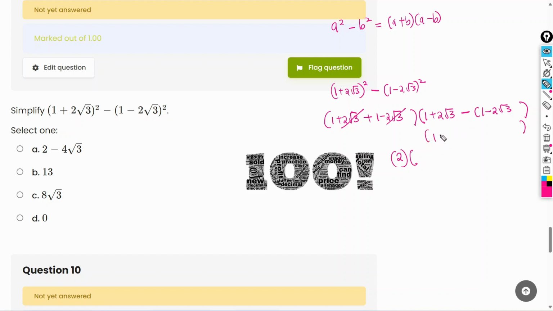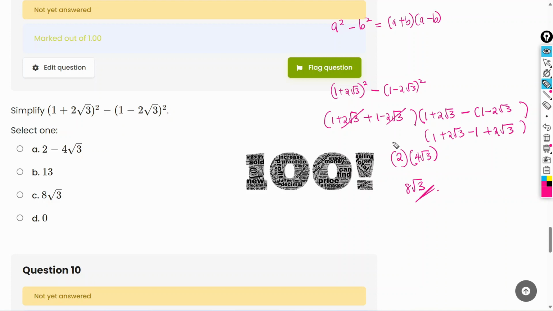This will be 1 plus 2 root 3 minus 1 minus 2 root 3, yes. Alright, so 1 minus 1 will cancel out, so I'll just be left with 2 root 3 plus 2 root 3, which gives me 4 root 3. Alright, so when I multiply this, I have 8 root 3.